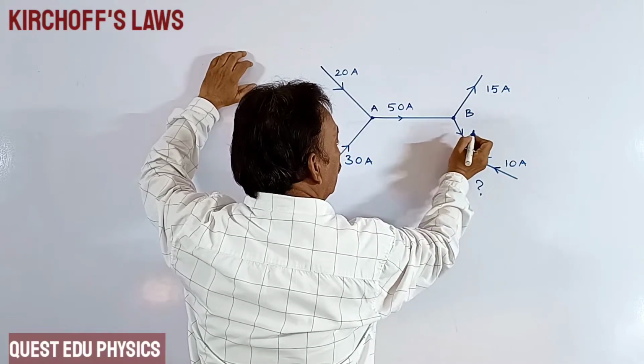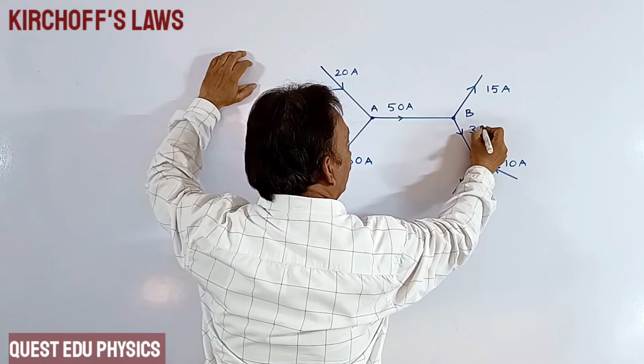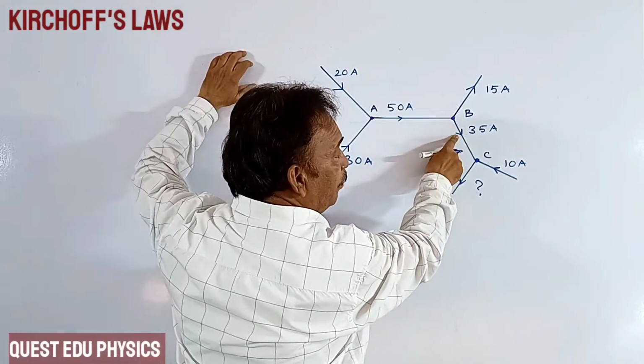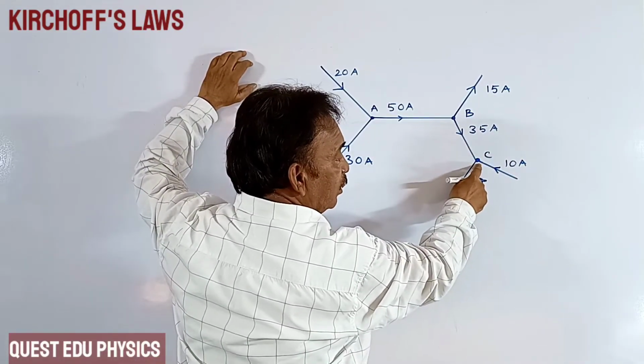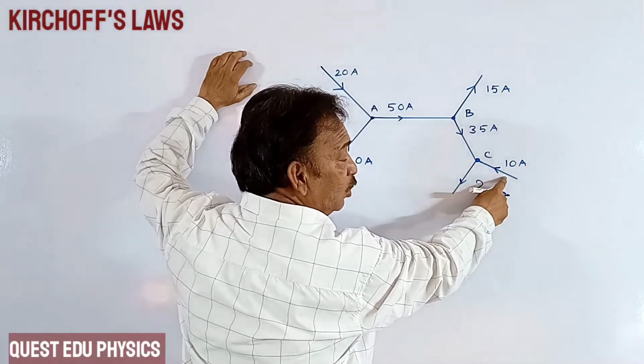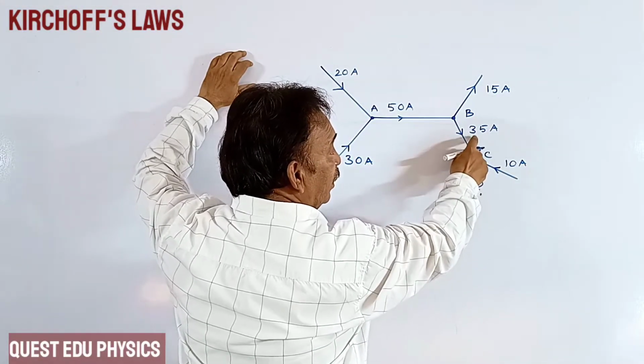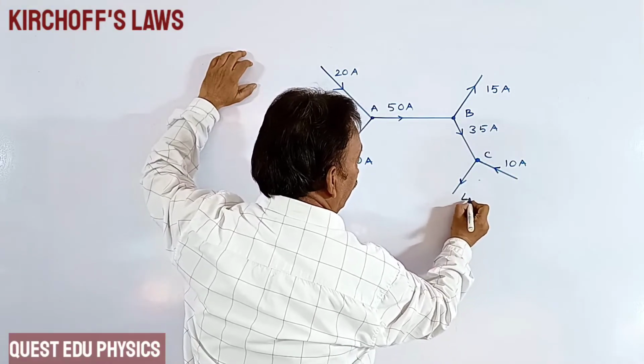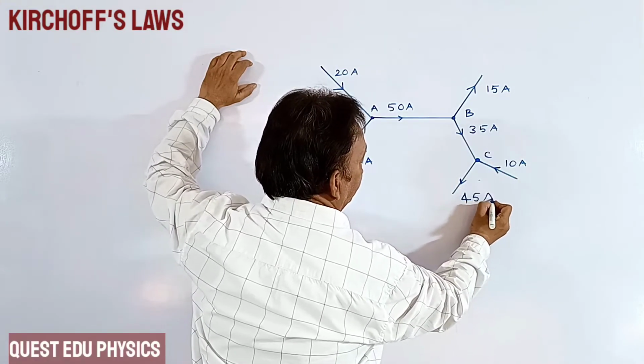That means it is 35 amp. Okay, students. Here, 35 ampere of current is entering the junction and also 10 ampere is entering. 35 plus 10, the answer is 45 ampere.